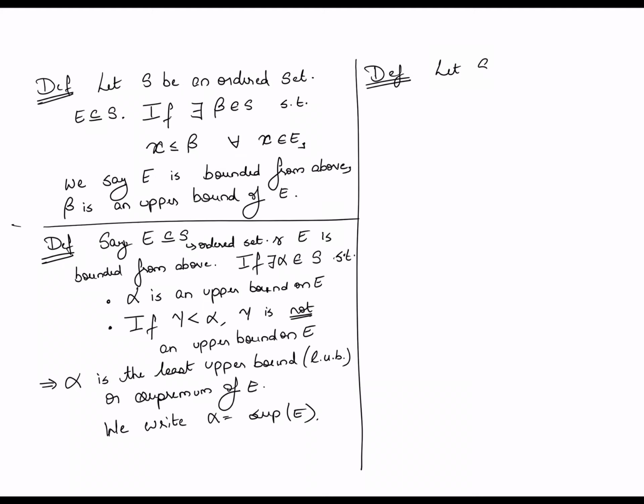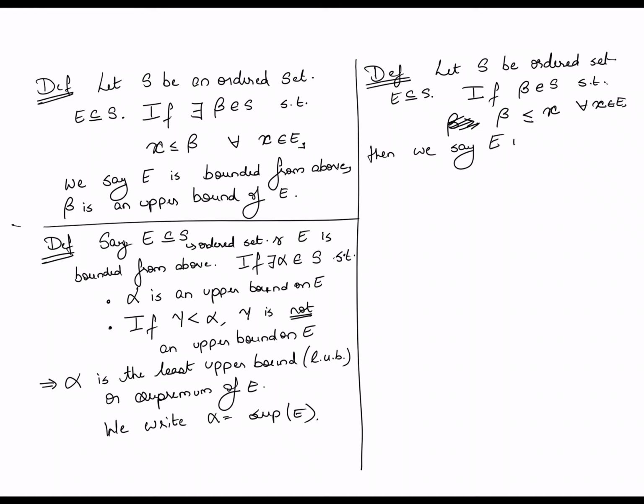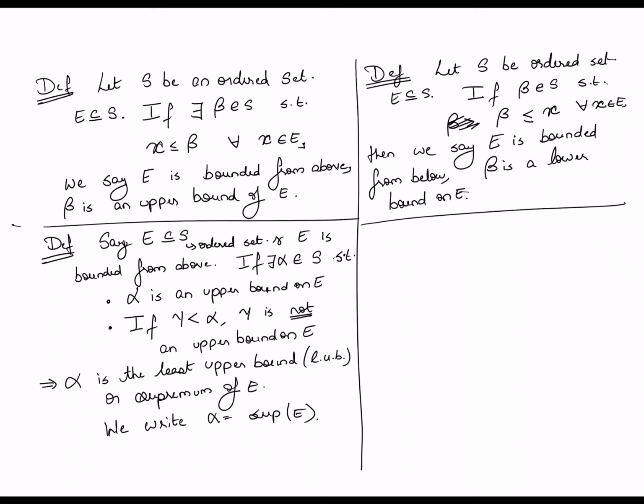So let S be an ordered set and E be some subset of S. If there exists, let's say, some beta belonging to S that satisfies the property that beta is less than or equal to x for all x in E, then we say that E is bounded from below and that beta is a lower bound on E. So this is the natural definition.